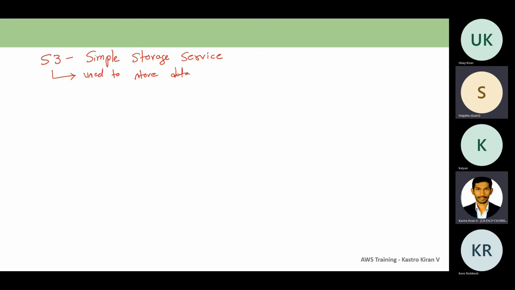First, let us understand a few things before I talk about S3. Suppose you have a mobile phone, and the maximum storage capacity of the mobile phone is 128 GB.